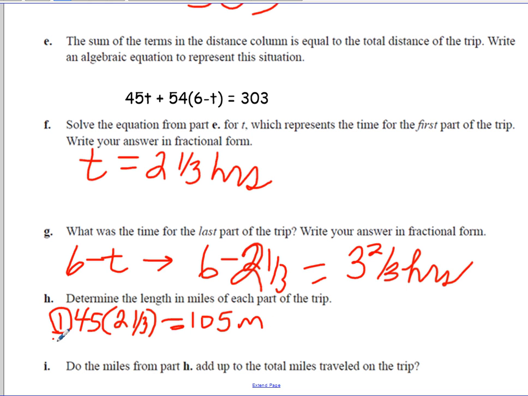Our second part of the trip, we were going 54 miles an hour. And we subtracted to get 3 2/3, which puts us at a distance of 198 miles for that leg.